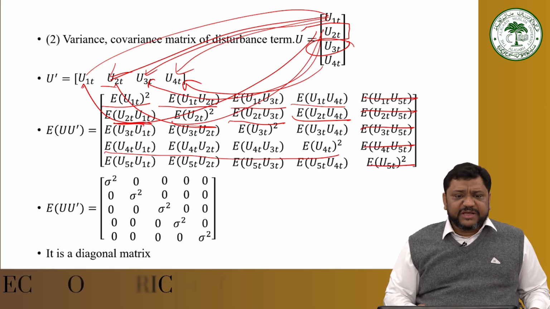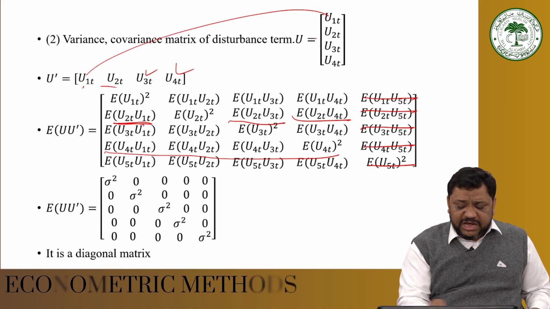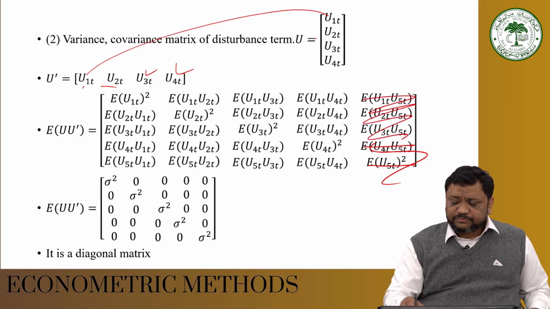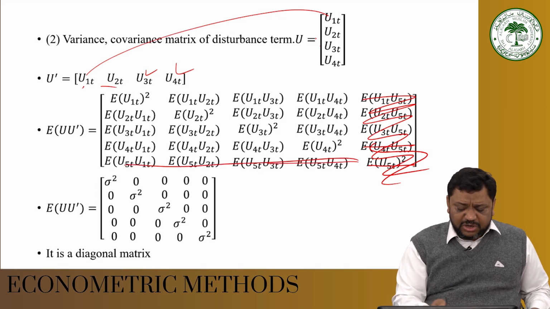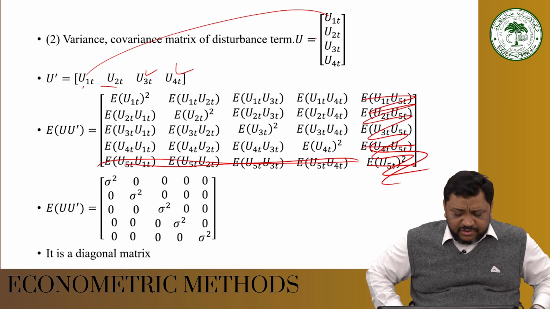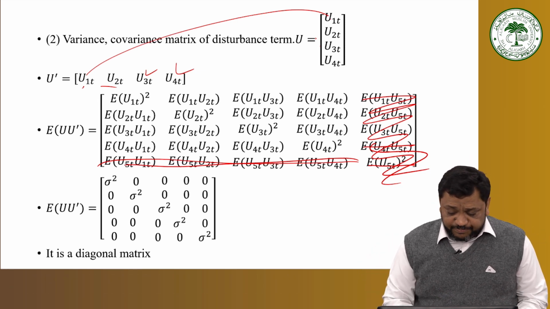Also please ignore the last column and the last row. This is an addition that would appear if we had a U5t variable; since we have taken only 4, we will not have it.